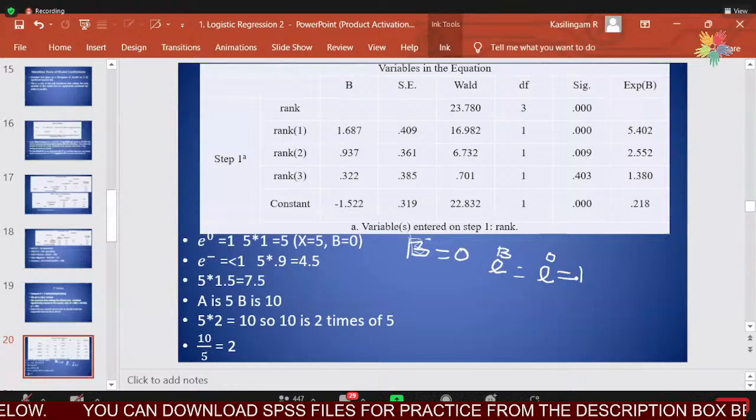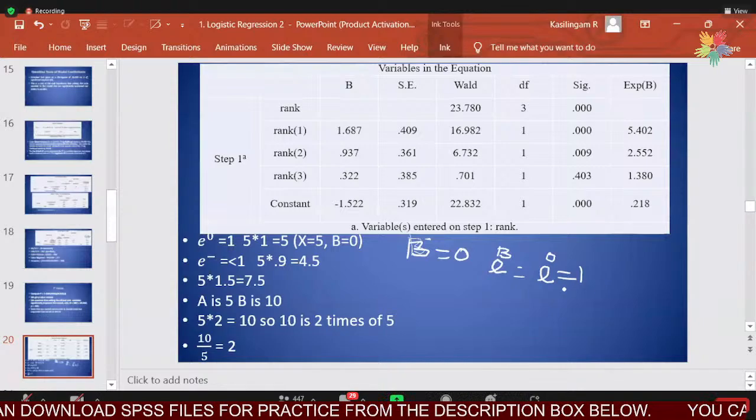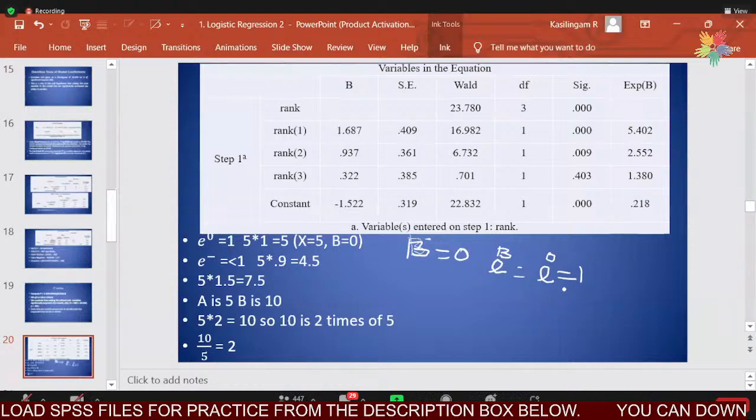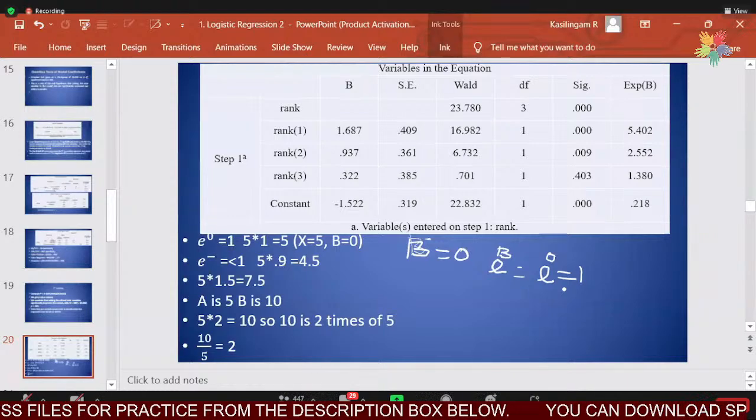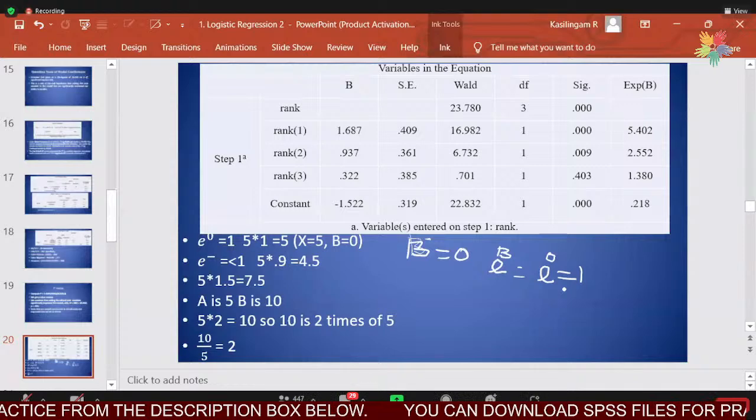Now suppose my beta is negative. What does it mean?